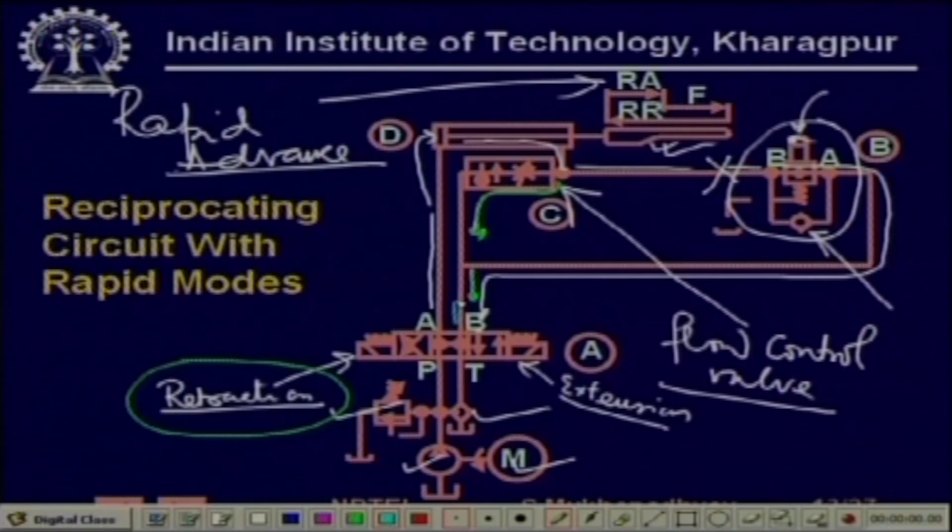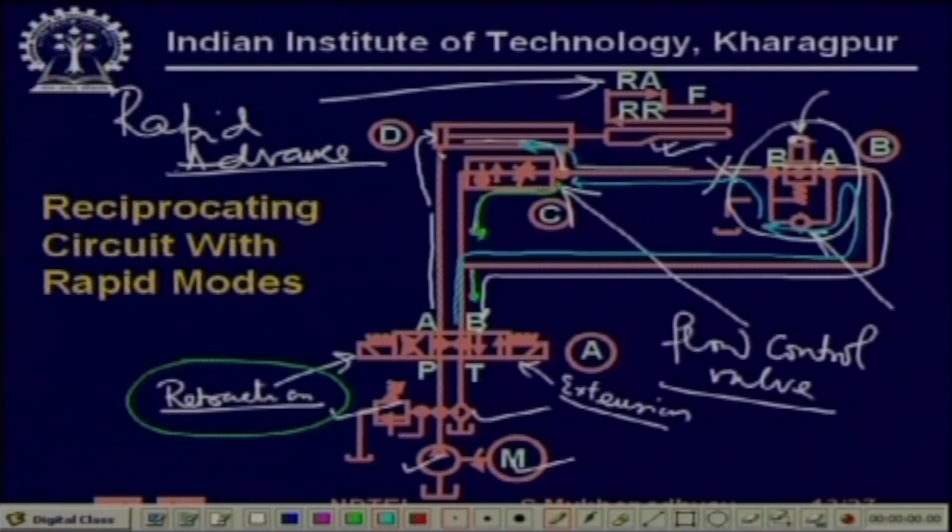So, how does it flow? It flows through this path and this path and this, now it flows through the check valve. This is the free direction, this is still off, which means that this line is off, but that does not matter because this side check valve is free flow. So, it goes through this and it enters the rod end.